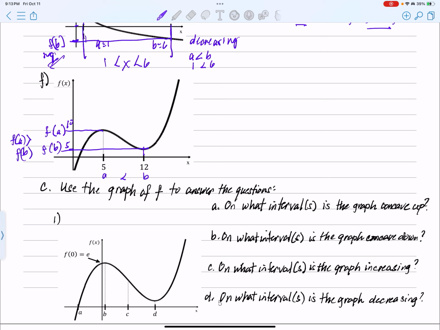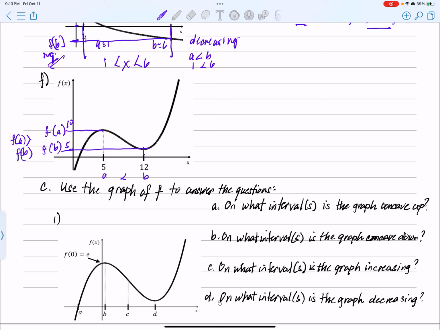The other one is decreasing and the other one is less than. A is less than B, but the function of A is greater than B. So is it increasing or decreasing?